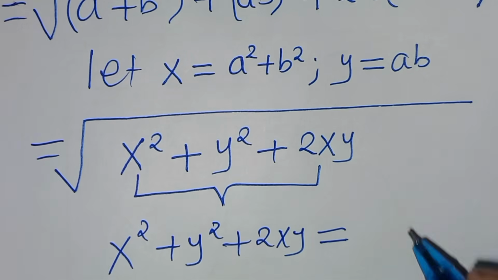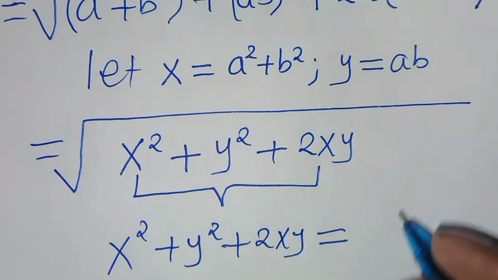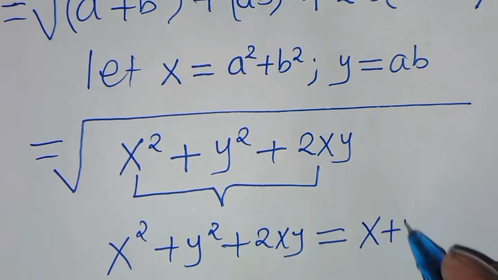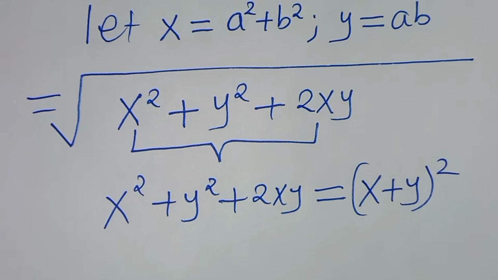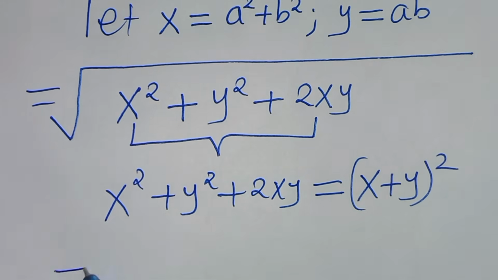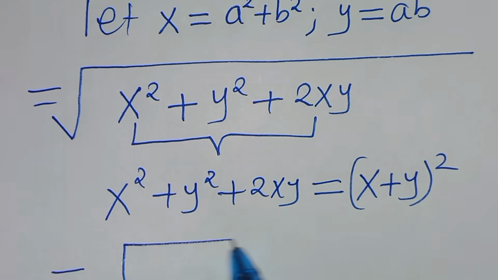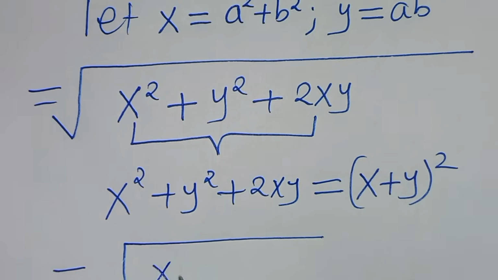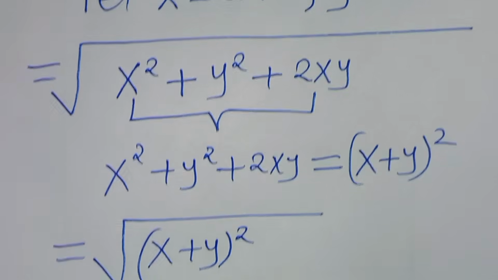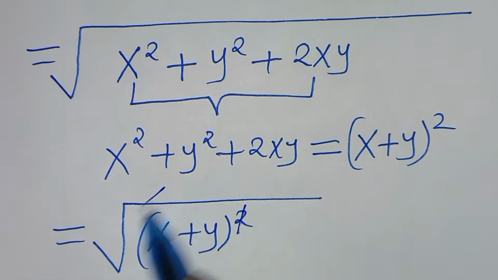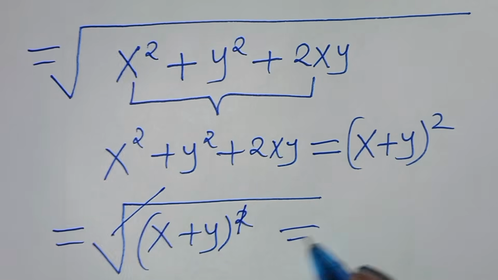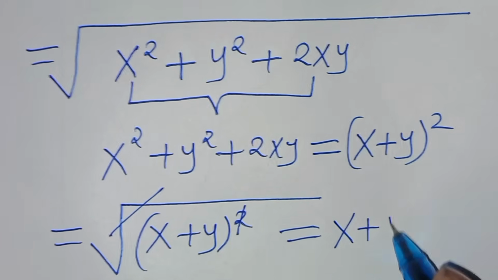This is the same thing as (x plus y) squared. Let's substitute this. So we'll have here the square root of (x plus y) squared, and this implies that we can eliminate the square root sign by simplifying, so that we have x plus y.